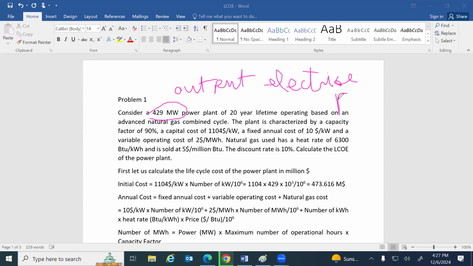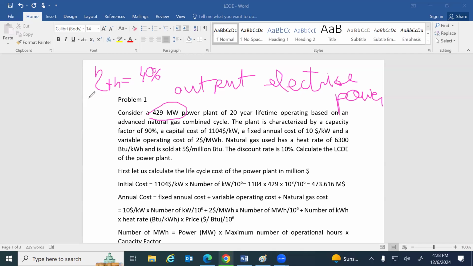power. Okay, now if I want to complicate the problem more, what can I give you? I tell you, for example, the thermal efficiency of this power plant is 40%.